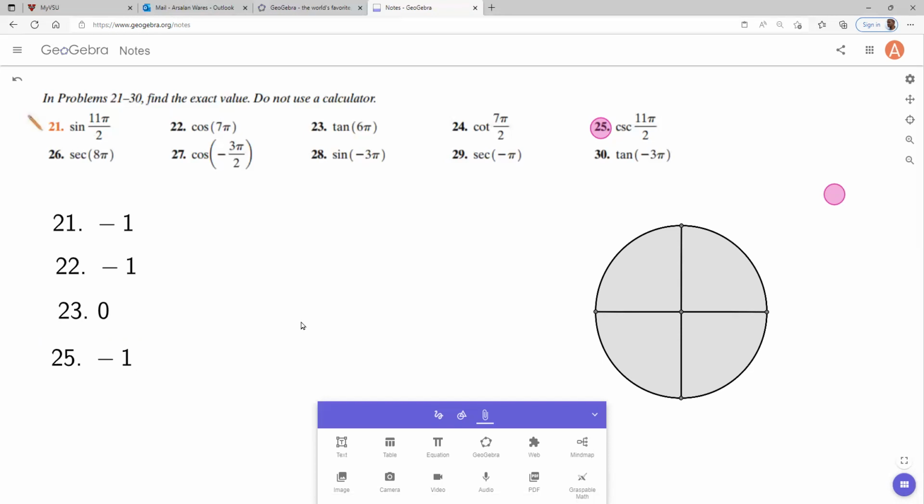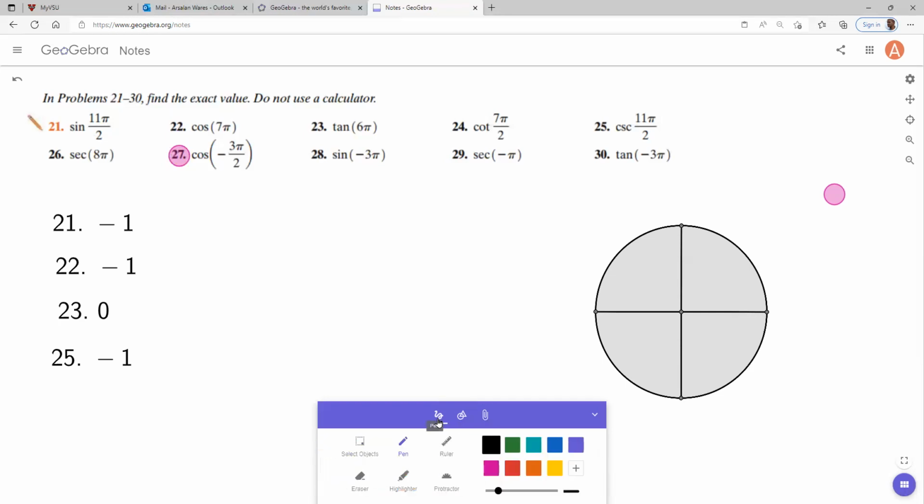So let's pause there a little bit. I'll do a couple more with negative numbers. All right, let's work on 27 right here. 27 is negative 3 pi over 2. Where do we land? If we go negative, we go clockwise. 3 pi over 2 is 1.5. So we'll land here, and we're going to be right here.